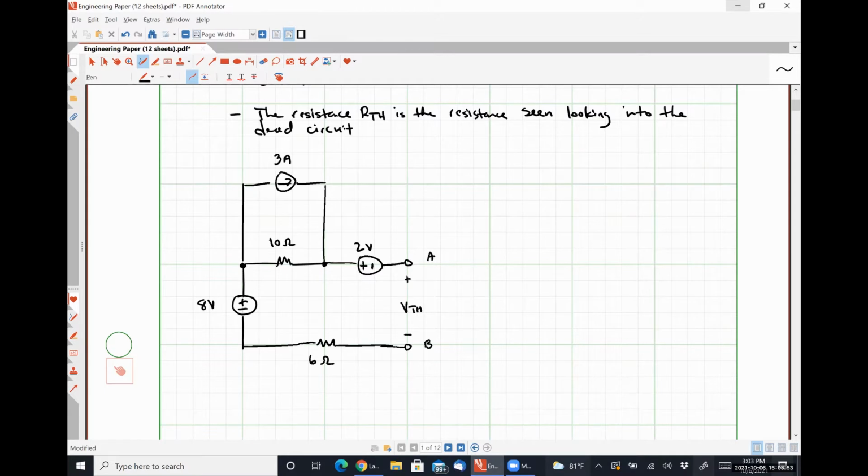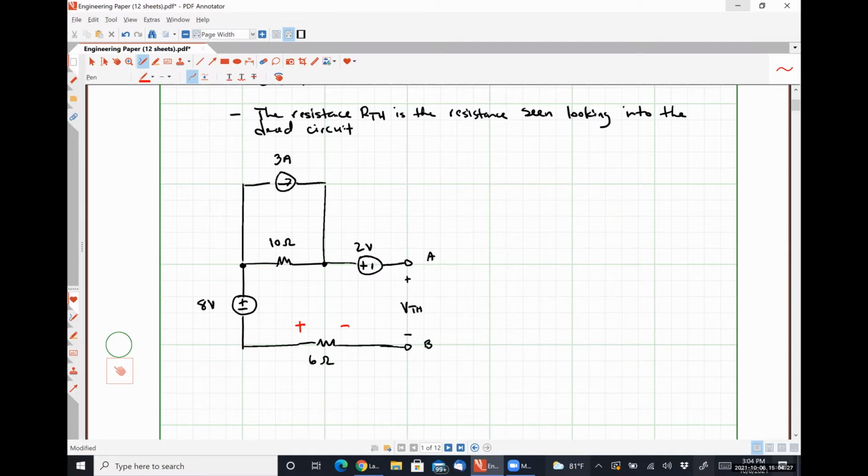So what's the voltage drop over the 6 ohm resistor by inspection? Let me specify things a little better and say the voltage drop with this polarity, with the circuit how it is right now. 0.